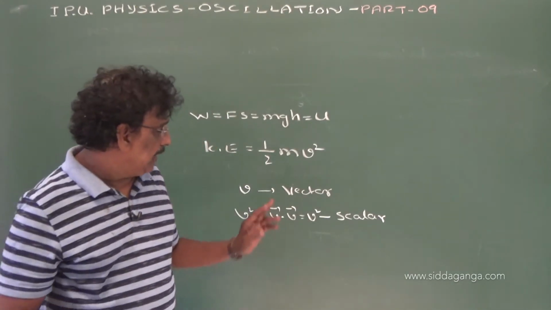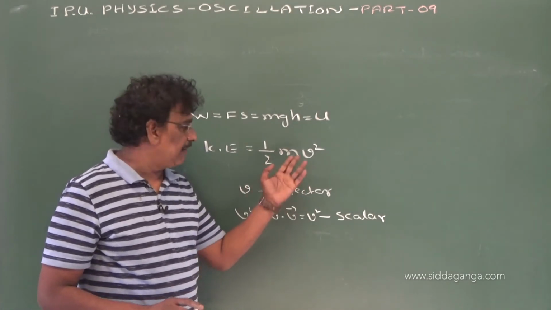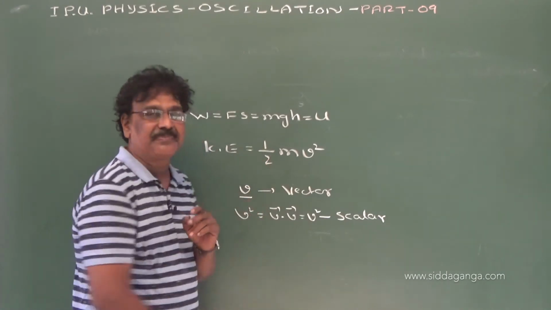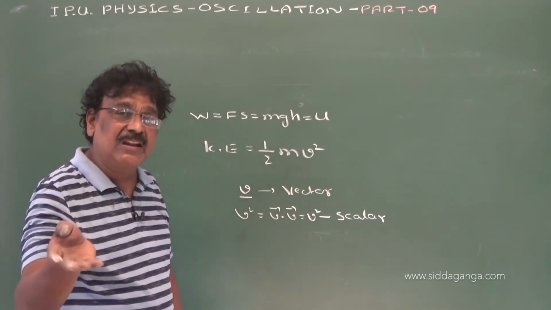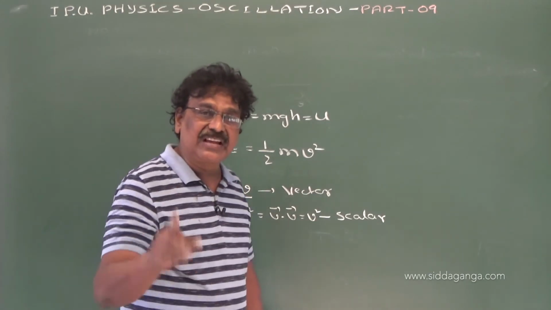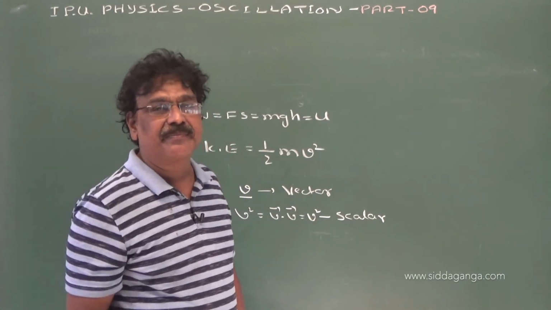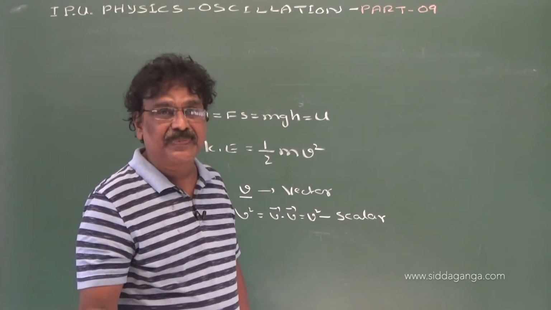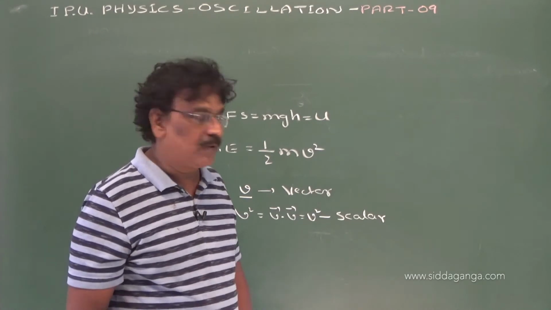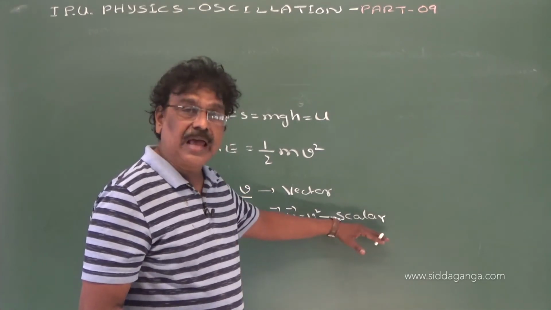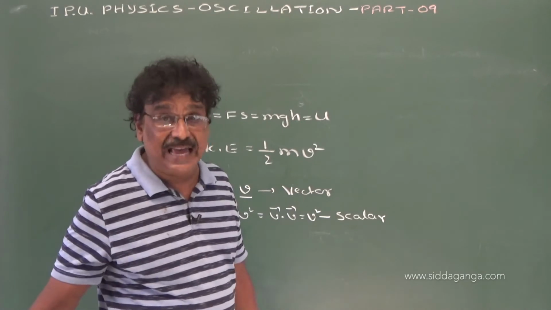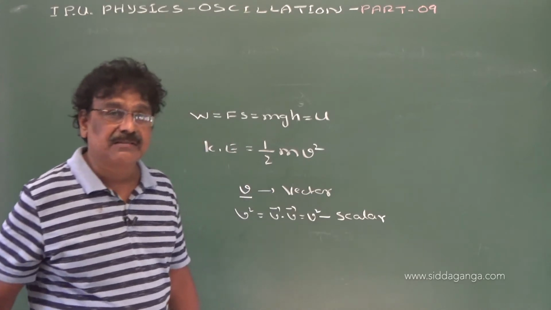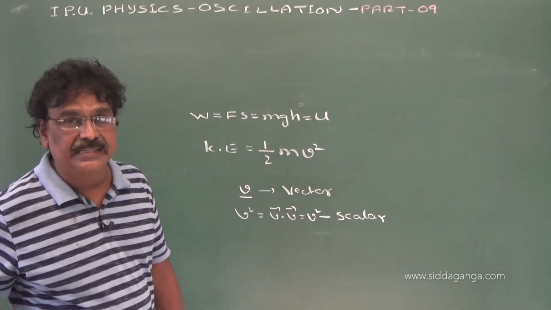But in this expression, when I say that v is velocity, the expression does not involve v. Actually it involves v square. So v square is the dot product of v with v, and it is a scalar quantity having only magnitude and no direction at all, because the dot product of two vectors is called a scalar product, and it is a scalar.